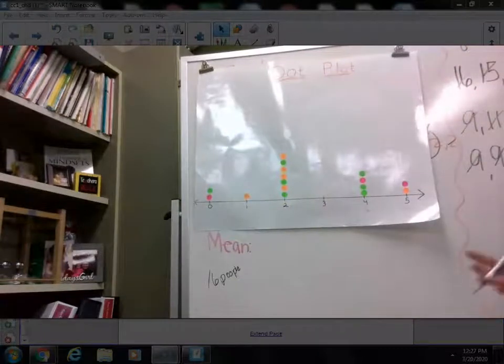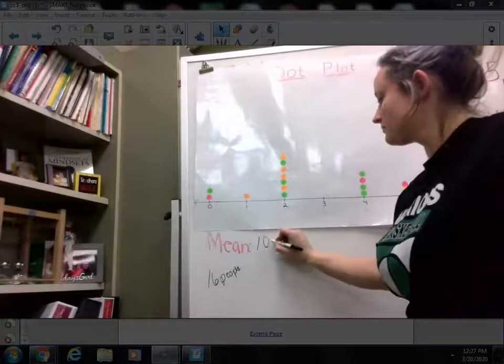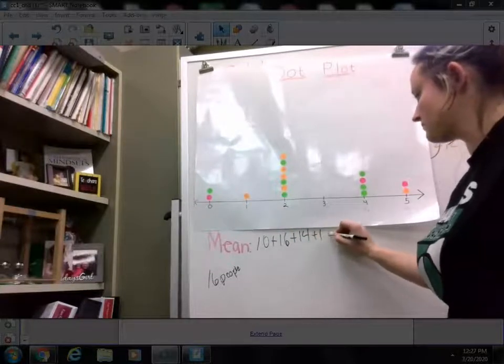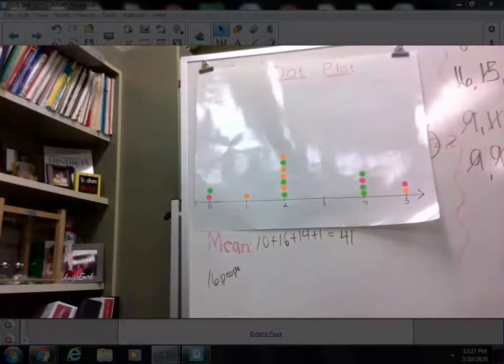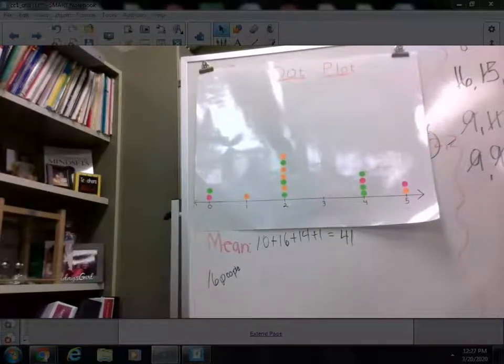We do add them, but it's not going to add to our sum here. So when we add all of our values, we should get a total value of 41 pets. Those 41 pets are going to be distributed among the 16 people in our class, or at least that was in our class on that day.